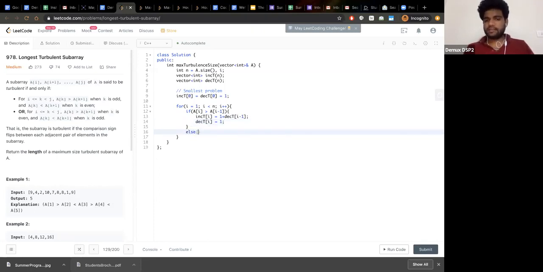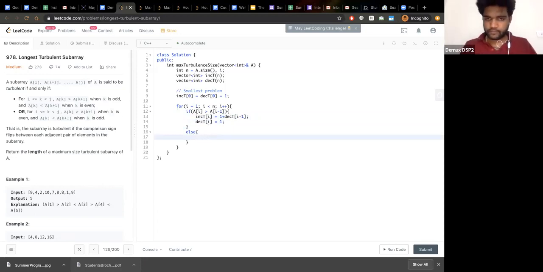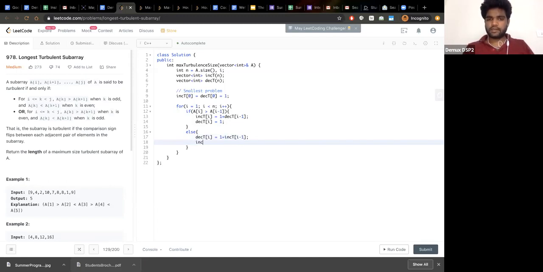And the other case, I will use the same thing, but the other way. If A of i is less than A of i minus 1, then DECT of i will be basically 1 plus INCT of i minus 1, and INCT of i will be 1. That's it.